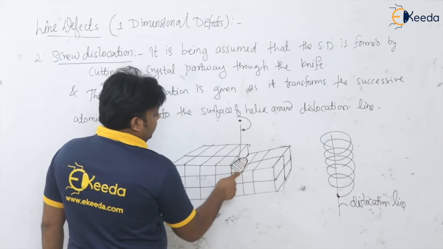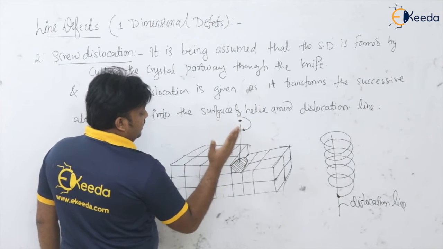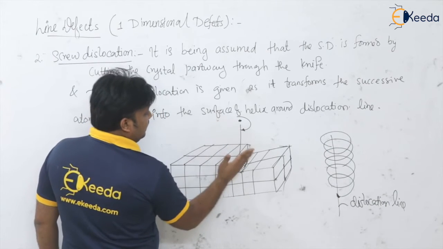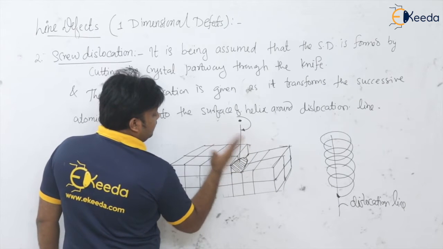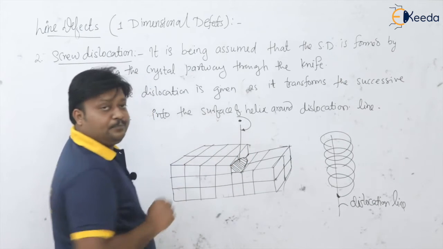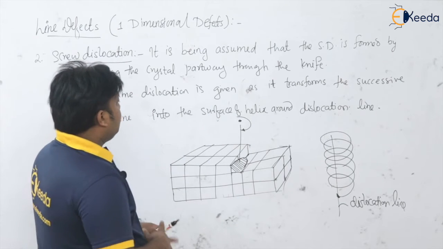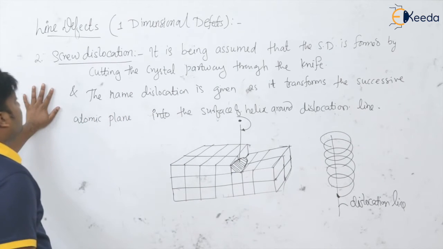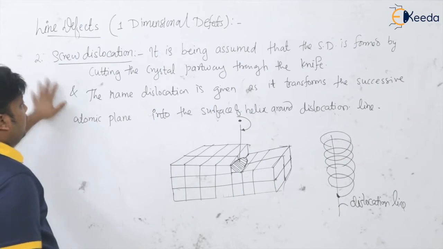Okay, so you can see here, if we take a knife and try to cut this crystal, this is the screw dislocation. So this is also a line defect.